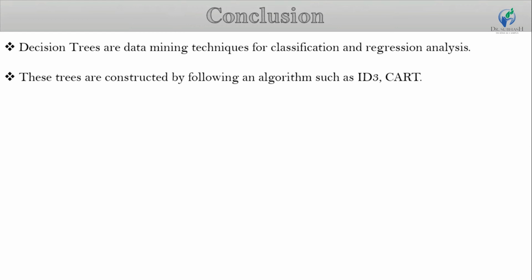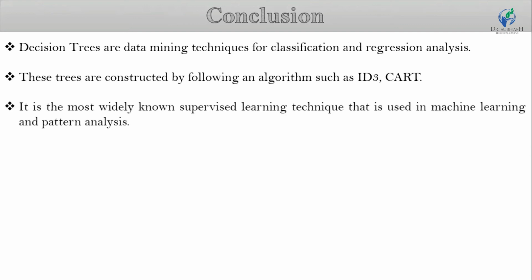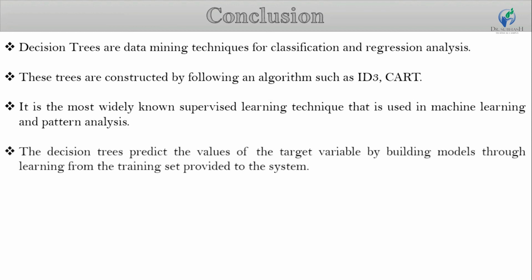These algorithms find different ways to split the data into partitions. It is one of the most widely known supervised learning techniques used in machine learning and pattern analysis. The decision tree predicts the value of the target variable by building models through learning from the training set provided to the system.